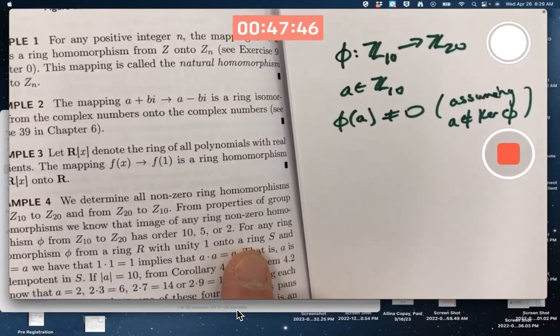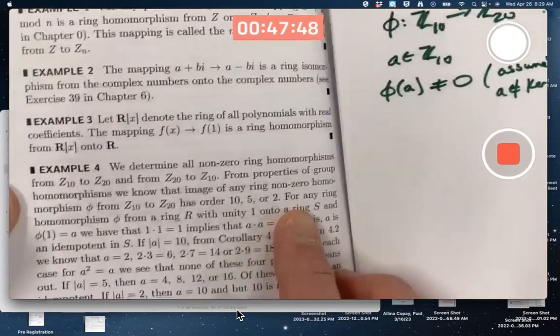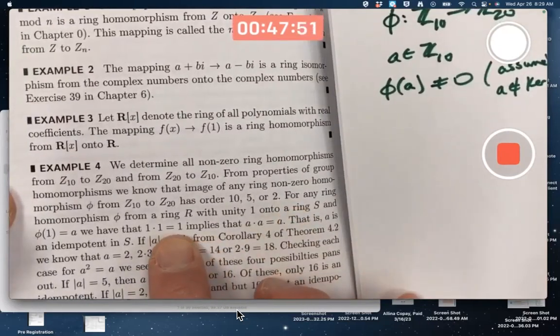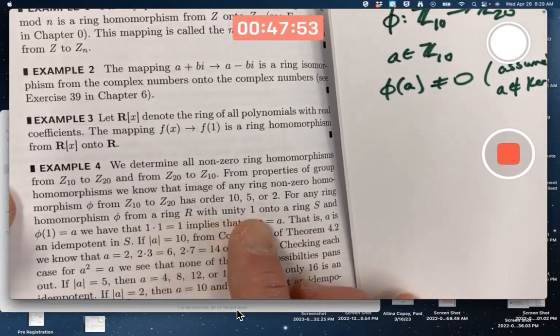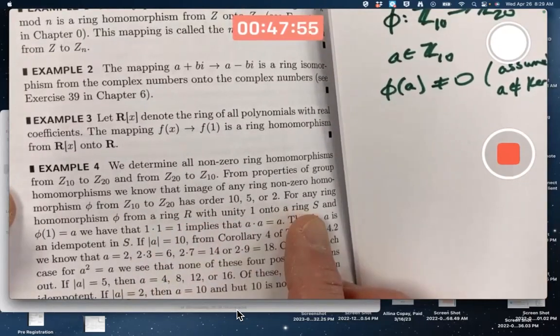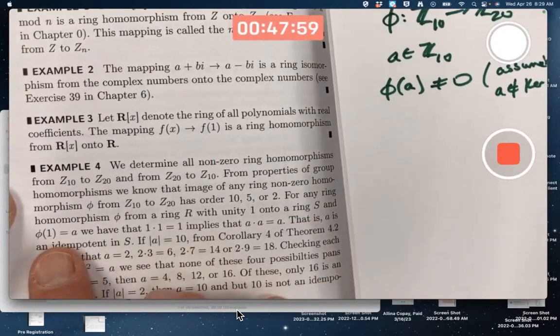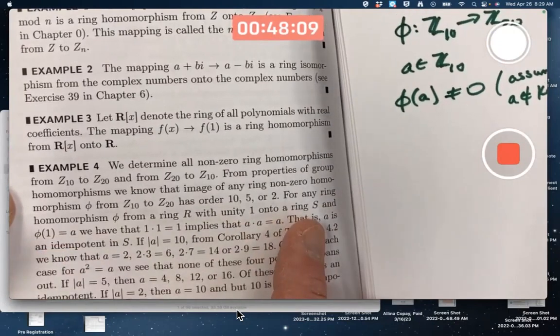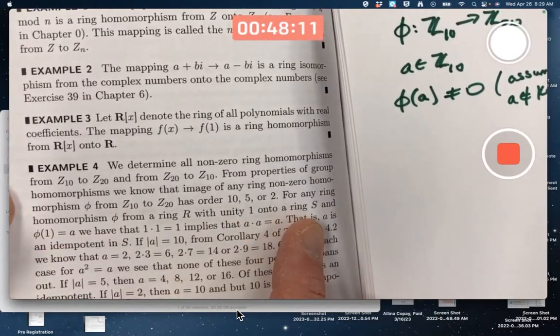Okay, next sentence is important as well. For any ring homomorphism from an arbitrary ring with unity R to another ring S that happens to map phi of 1 to A, evidently 1 doesn't have to get mapped to 1. In fact, S doesn't even necessarily have to have a unity.